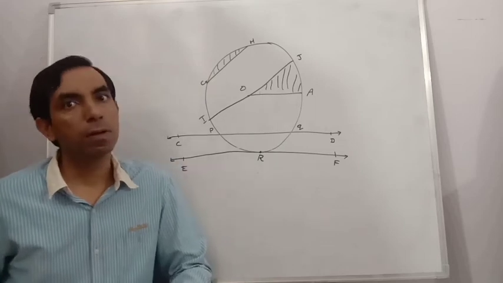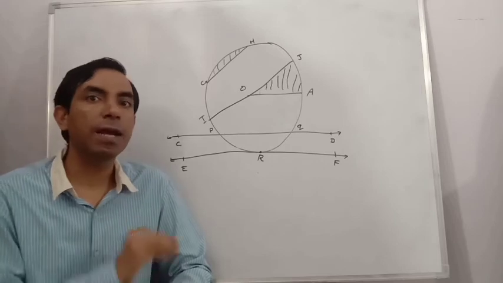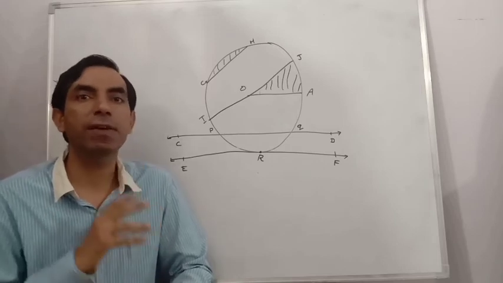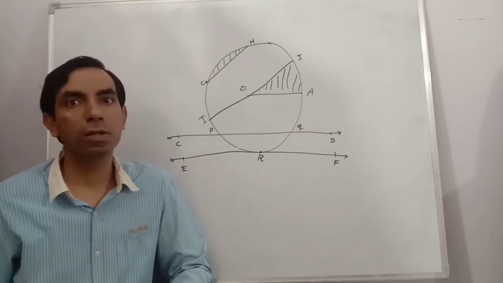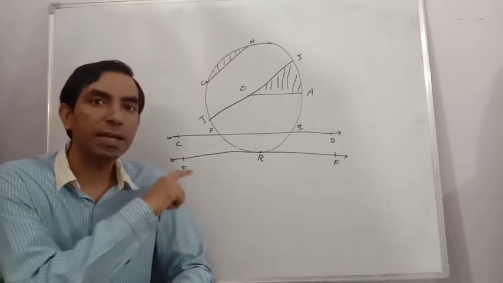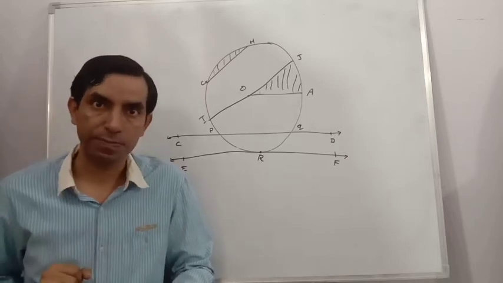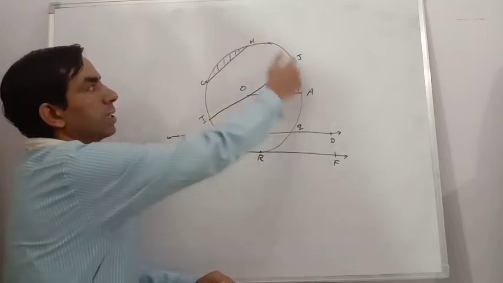If we want to find anything, first we have to understand the definitions and the things of circle. So let's start today's first question, which depends on the circle area and circumference. Circumference means the boundary of the circle.